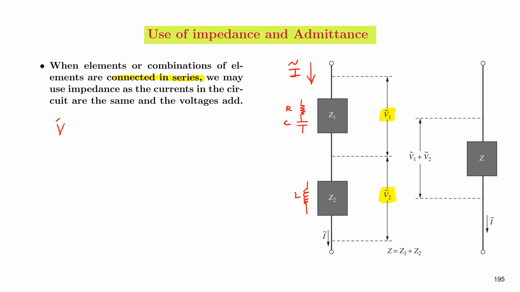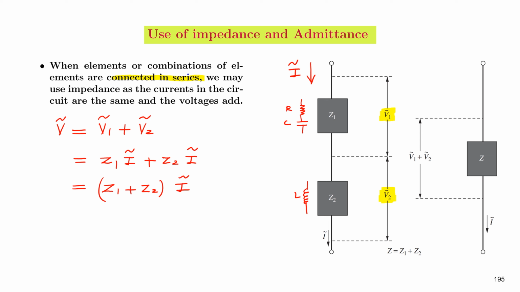Therefore, we can write the total voltage as V1 plus V2, which in terms of the impedance is Z1 I plus Z2 I, and therefore this is equal to Z1 plus Z2 multiplied by I. That is, the series circuit can be simplified to a single element with impedance Z equal to Z1 plus Z2.